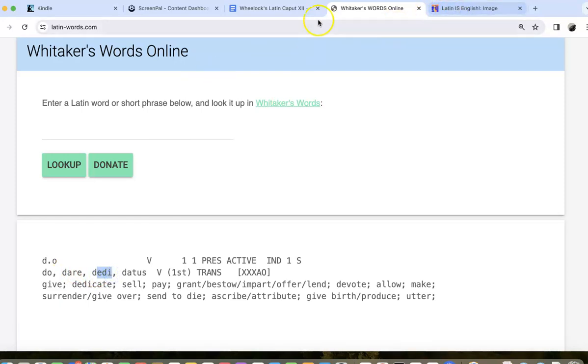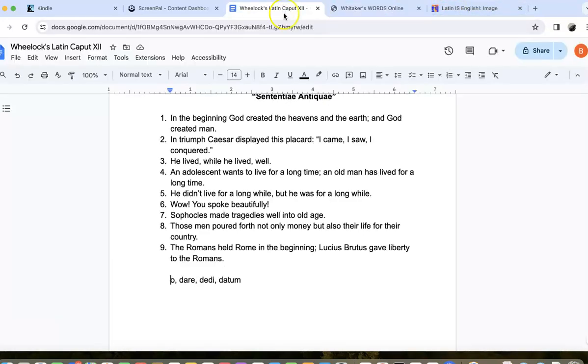So let's take a look at the difference between the present tense and the past tense. So if I do present, we know this is do, I give, das, you give, dat, he, she, or it gives, damus, we give, datis, you all give, and dant, they give. But if we have the perfect, which we have in this chapter, then we have to use the perfect stem ending, which is actually the third principal part.